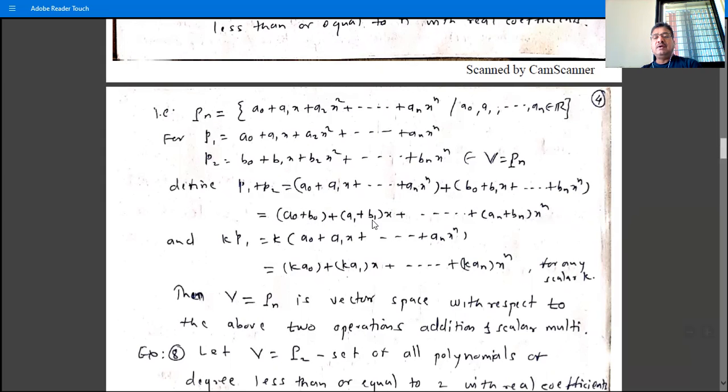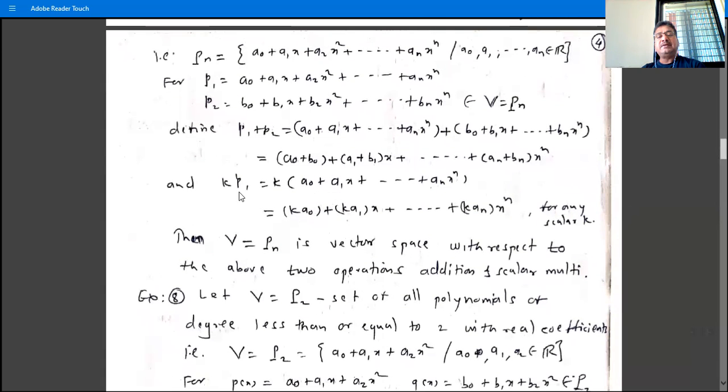That is your usual addition: the addition of constant terms, the addition of the coefficients of x, the addition of the coefficients of x squared, and in this way the addition of the coefficients of x raised to n. So this is the usual addition of two polynomials. And suppose k is a scalar, then k P1, or kP(x), is k times a naught plus a1x plus dash an x raised to n, defined as k a naught plus k a1x plus k a2x squared, and in this way k an x raised to n.